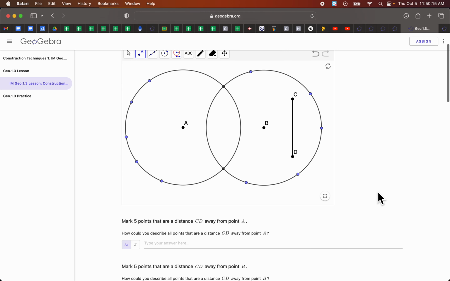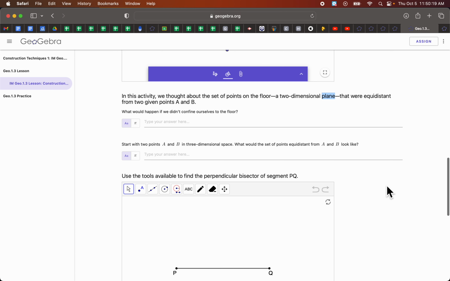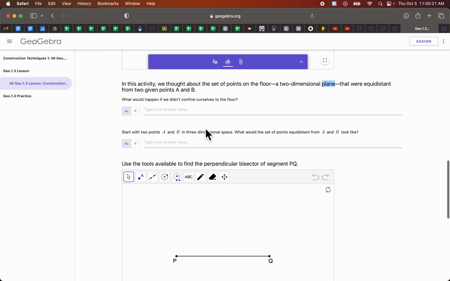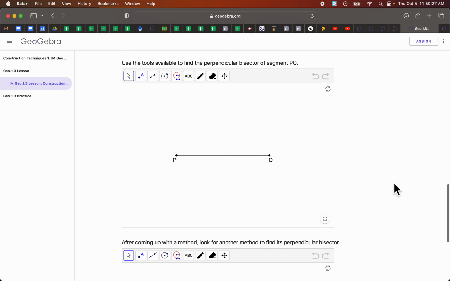All right, awesome. Let's see here, that's this. And that answers these two questions. Okay, use the tools available to find the perpendicular bisector of segment PQ.